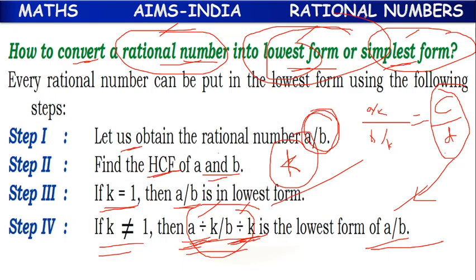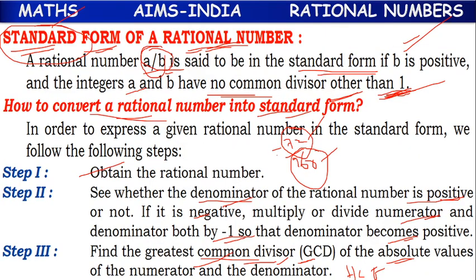How to convert into lowest form or simplest form? We have to divide with their HCF. Next, what is standard form? A and B should have no common divisor other than 1. Their HCF to be 1. That is one condition. The denominator to be positive. That is the second condition. If the denominator is negative, what do we have to do?